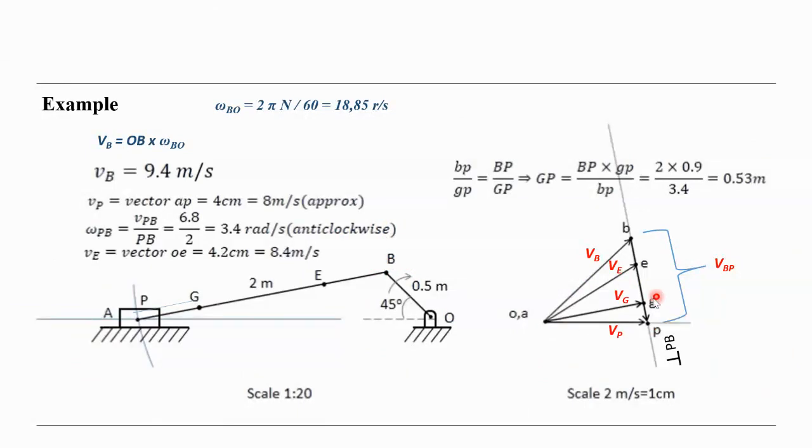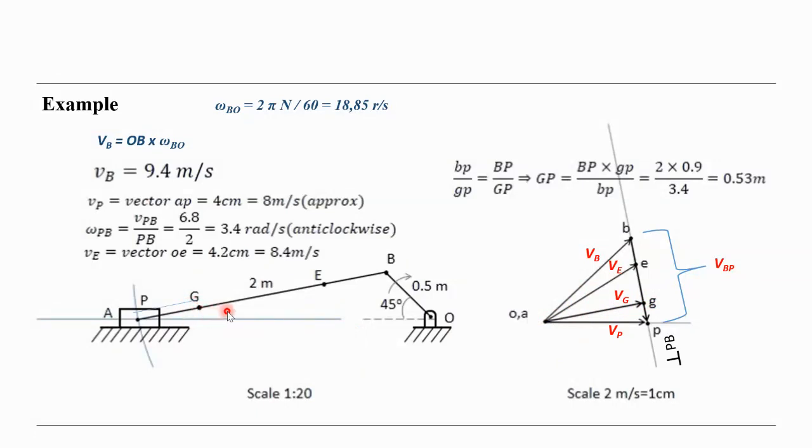Using these vector relations, we can calculate the relative velocity, E over the P. This is not a big problem, because we know the angular velocity of BP, that means B about the P. Since we know that and the length here, we can calculate the linear velocity, and we can draw it like this, the relative velocity from E to the B.